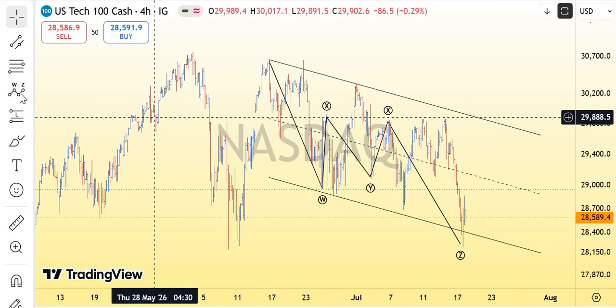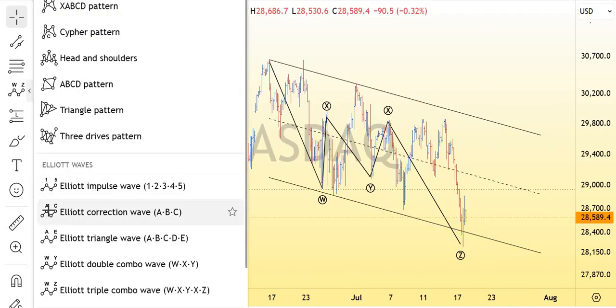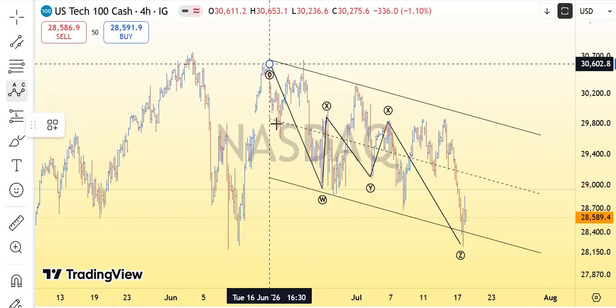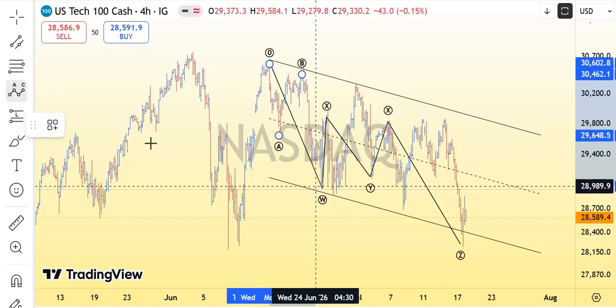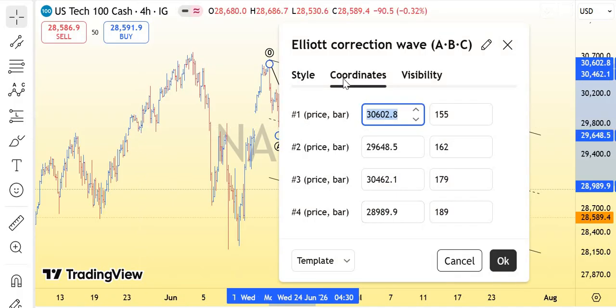For more simplicity to understand this structure, I'll mark the internals A, B, and C.